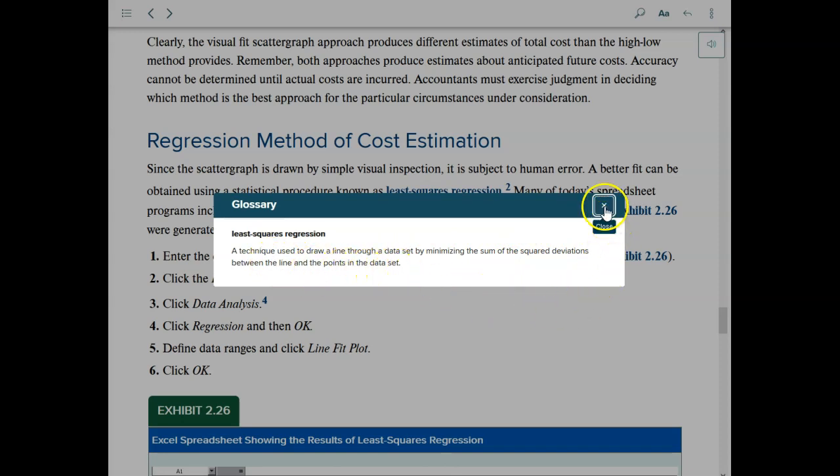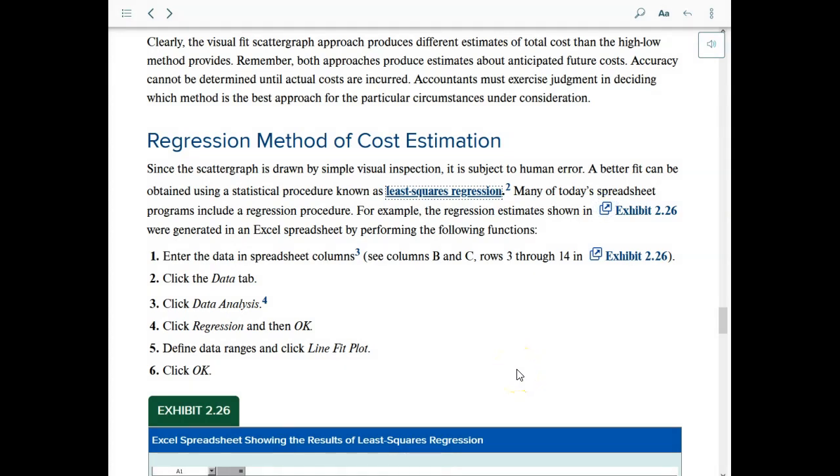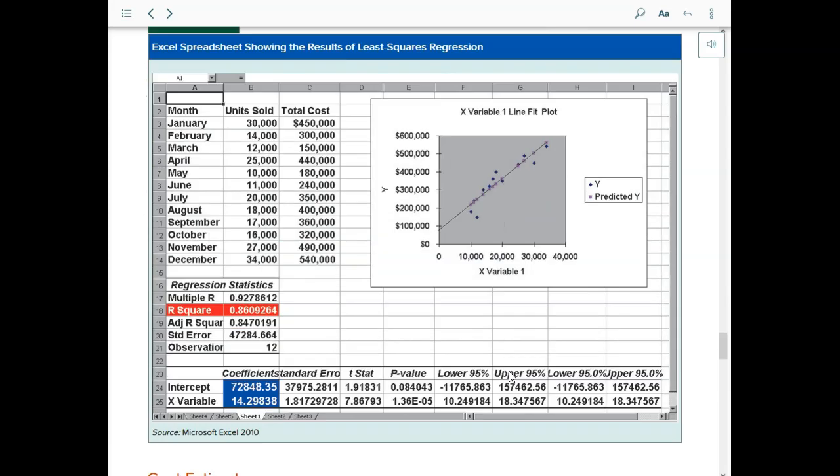What this means is you have software programs that do this, or you can do it by hand if you want to, but a method to get a regression model that shows you here's the fixed cost, here's the variable cost per unit, for the equation, and it's a fairly accurate way of doing that. So see, we're not going to get into this on the test, so don't worry about that.